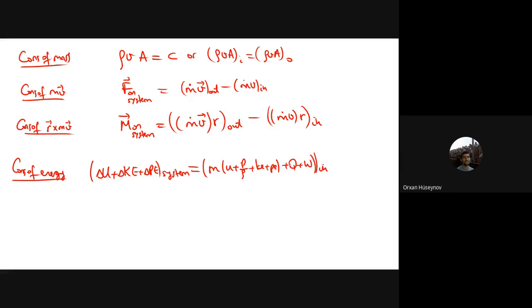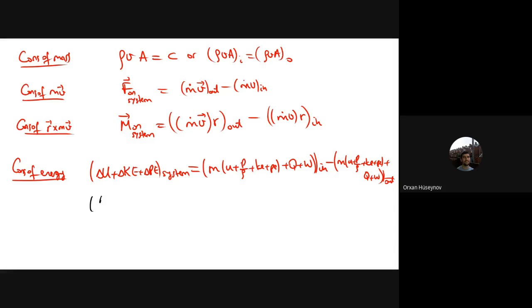These are the in quantities, minus, similarly, mass into U plus P by rho, plus the kinetic energy, plus potential energy, plus the Q, plus the W. These are the out. But you can write this equation in this manner too.